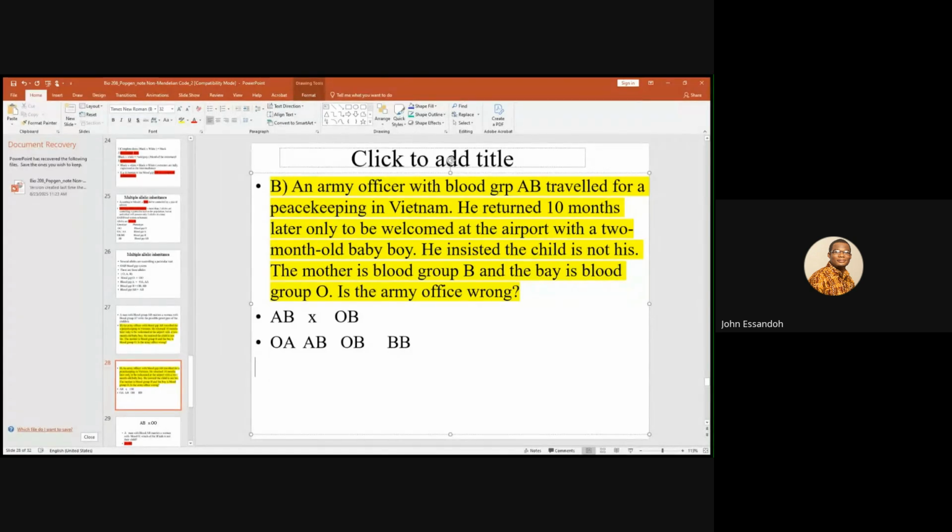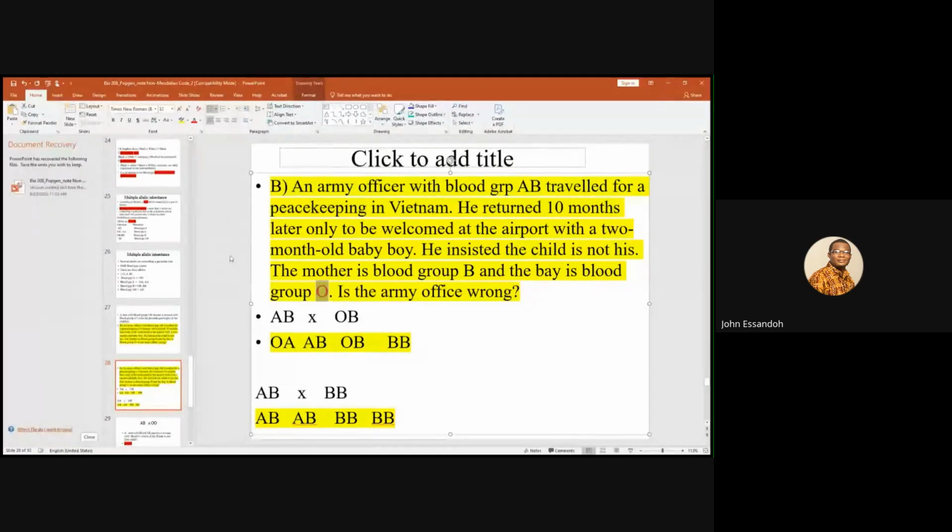And if the woman happens to be BB, and the man is still AB, we are sure of it, then the child could be AB and BB. All right. So looking at these combinations, it is virtually impossible for the man to have a baby who has a blood group O. So that's impossible. So the army officer is right.